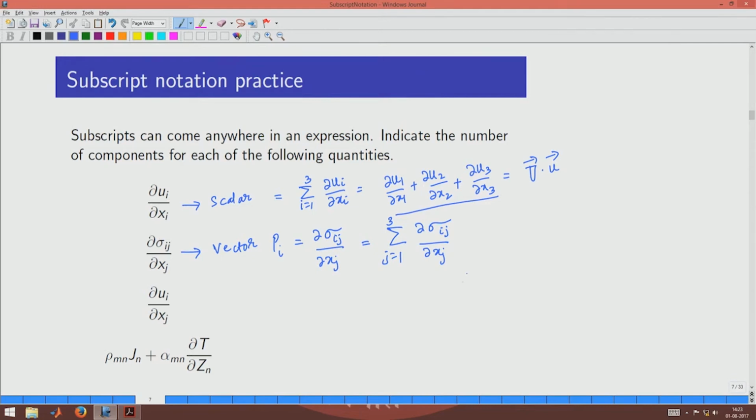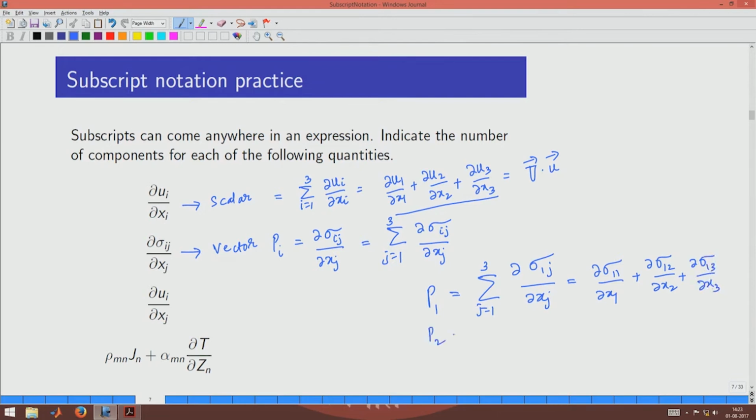So, you could then ask what would be the value of p1. There are 3 values of p, p1, p2, p3 for each value of i going from 1 to 3. So, what is p1? p1 is nothing but this, and you could then expand this with the j, and you can get that expression. That is nothing but ∂σ11/∂x1 plus ∂σ12/∂x2 plus ∂σ13/∂x3.